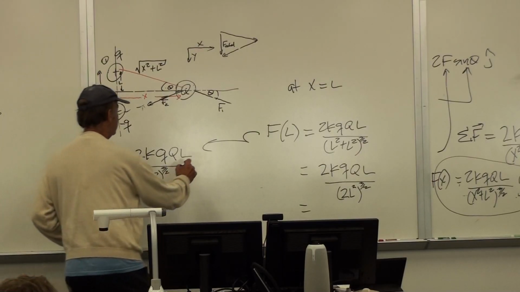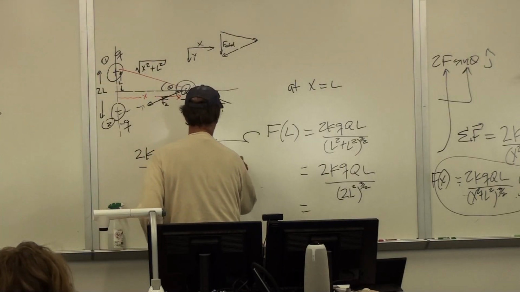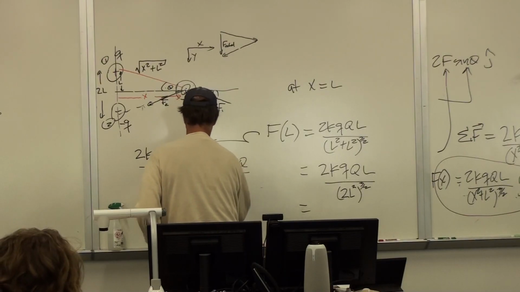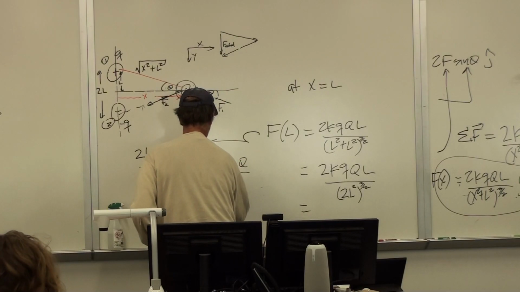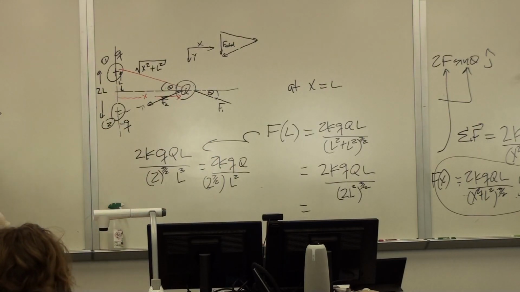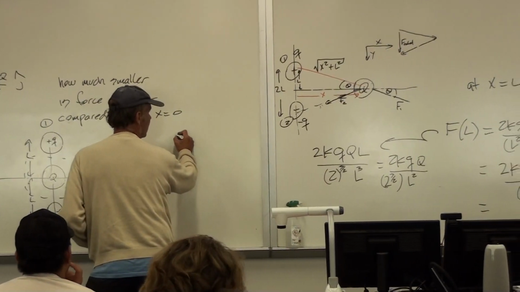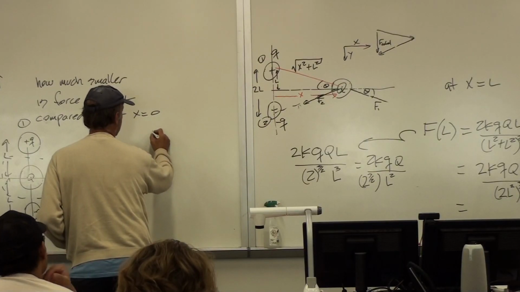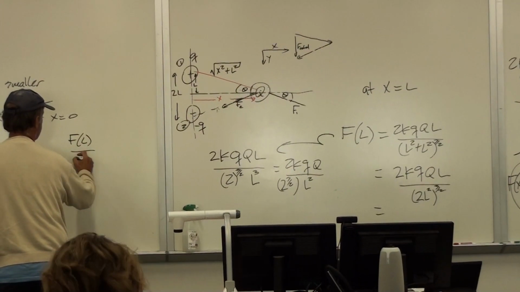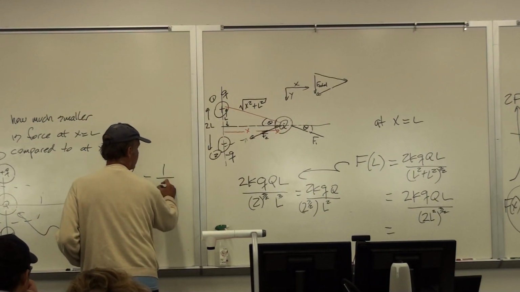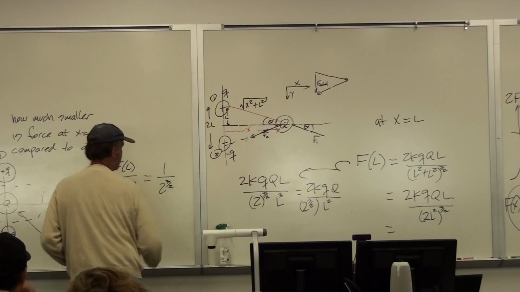And so that'll be 2k little q big Q over L squared times 2 to the 3/2 power. So that's the difference between them. How much smaller is it? f of L divided by f of 0 is going to look like 1 over 2 to the 3/2 power.